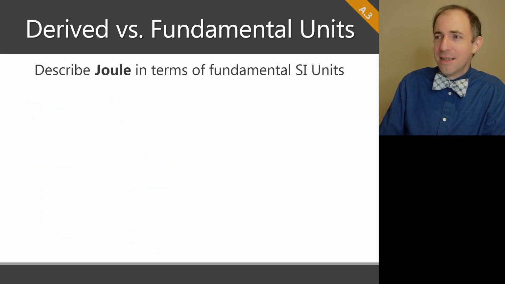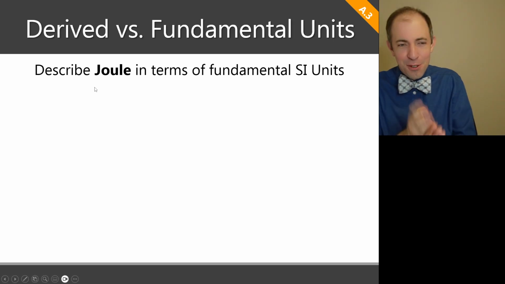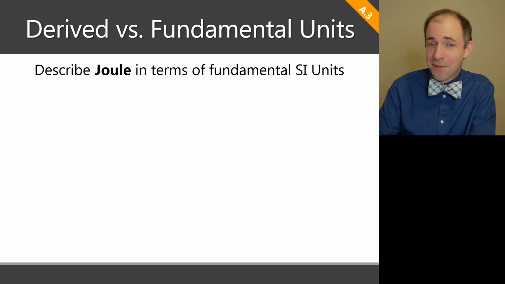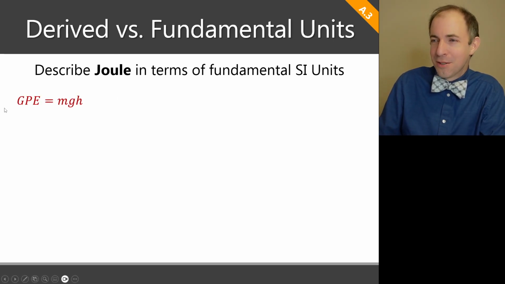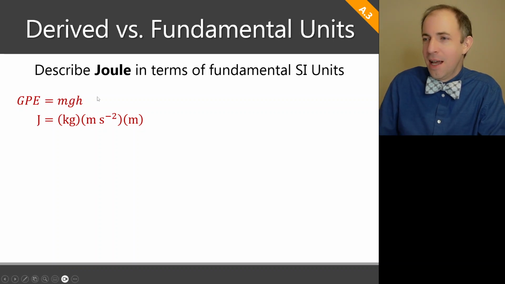The same idea can be true for joules. We can figure out for joules the fundamental SI units of this. Now we have a lot of different equations for joules. I want to show you what this would look like for each of the equations. Gravitational potential energy is mass times gravity times height, which is kilograms times meters per second squared times meters. We can simplify that. We'll do that later.